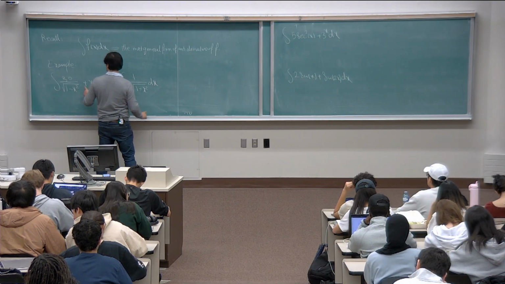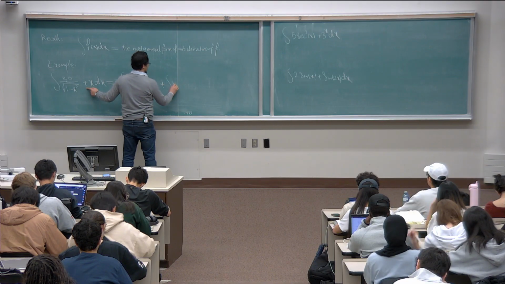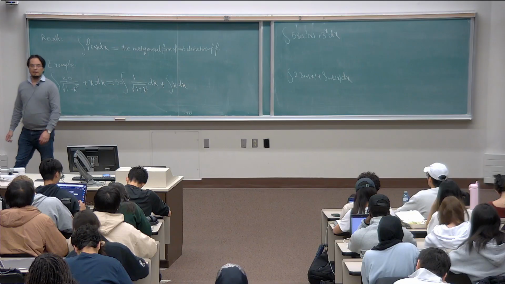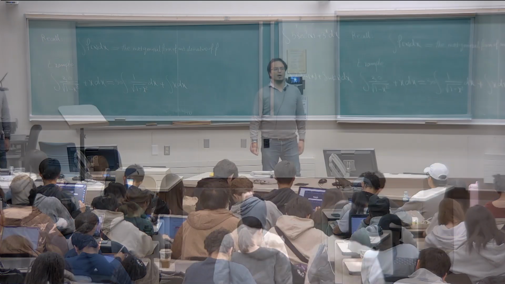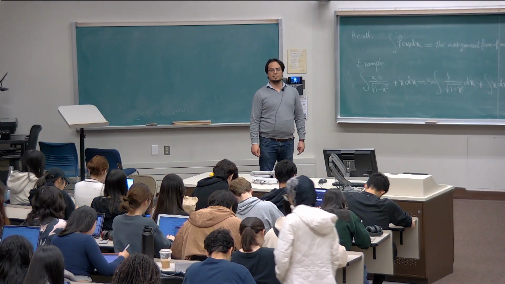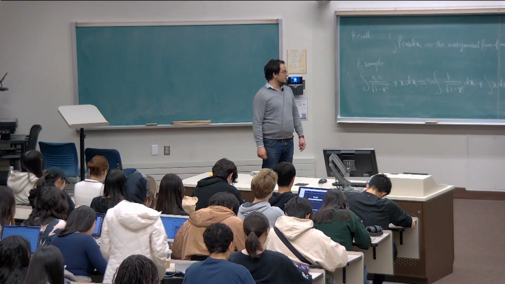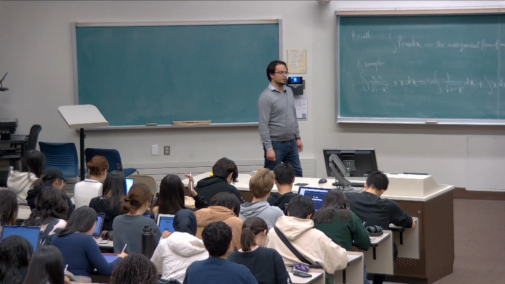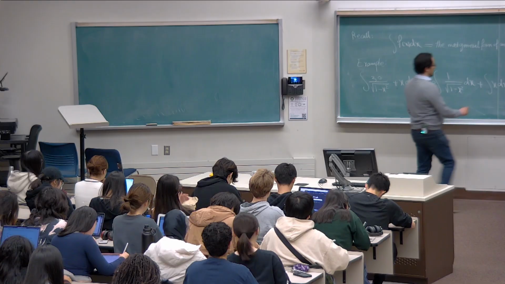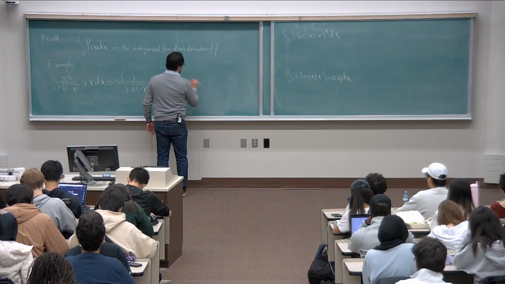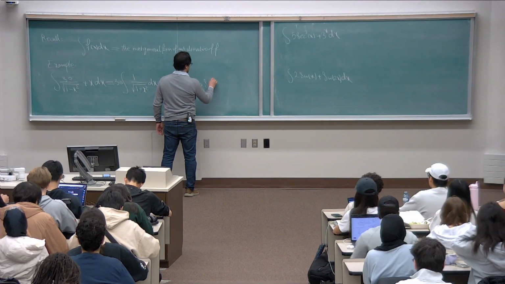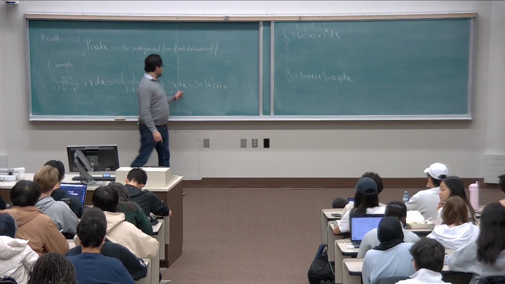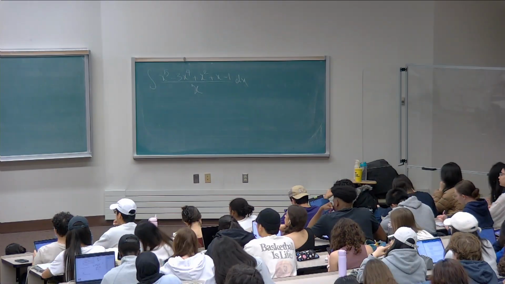I have one integral like that, and the other one is x dx. Now, integral of 1 over root 1 minus x squared, that's an entry in our integration table, and that is antiderivative of sine inverse x, plus the integral of x to the power n.